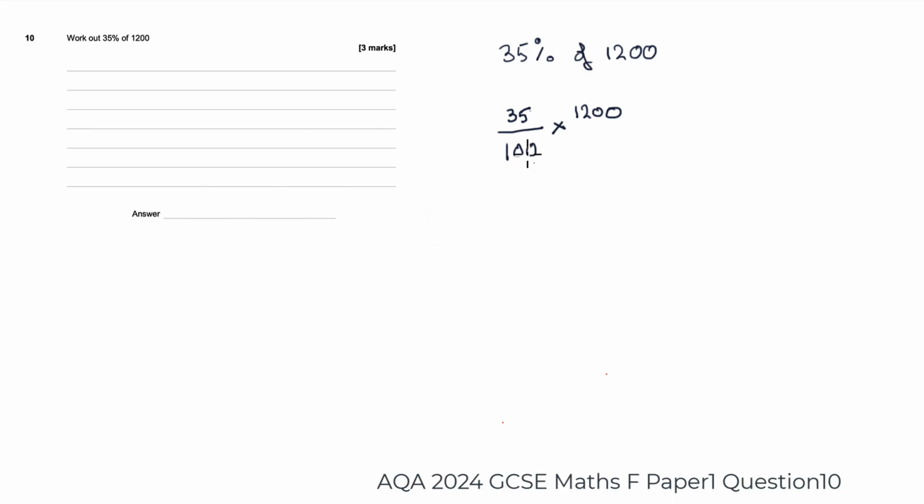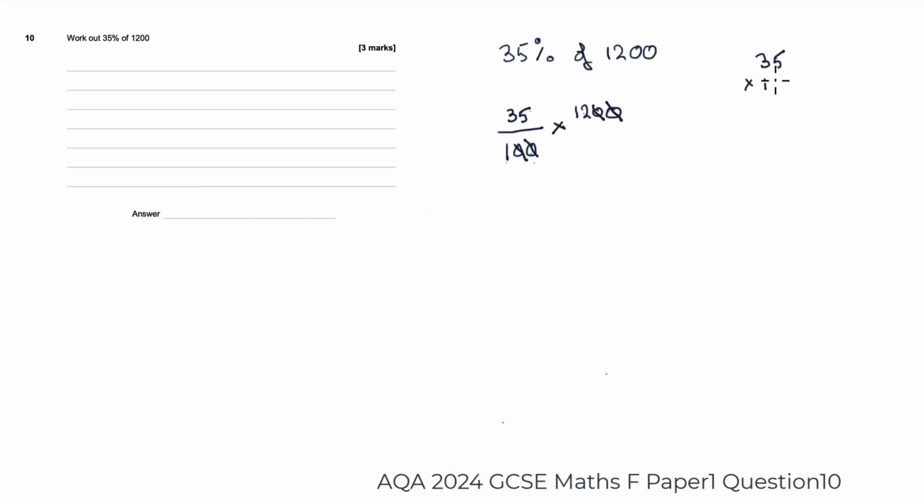We'd say, okay, we can divide by 100, top and bottom. 100 into 100 goes once. 100 into 1200 goes 12 times. So on the top we're left with 35 times 12, and we've just got a 1 in the bottom of this fraction. So what is 35 times 12?